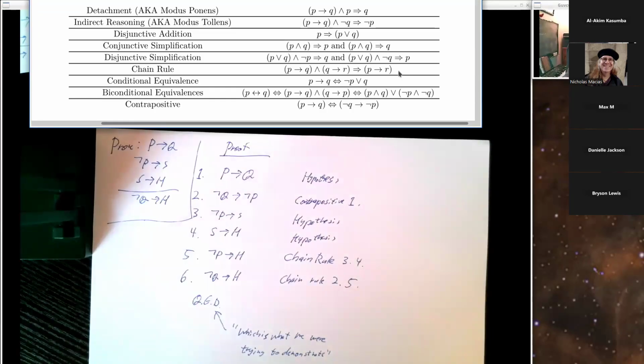All right, and then Julian asked in chat, couldn't we do this with indirect reasoning instead of contrapositive? Absolutely. There are often multiple ways to go about these proofs.